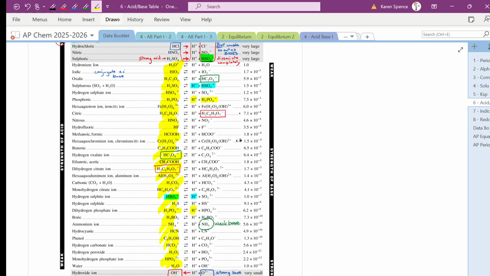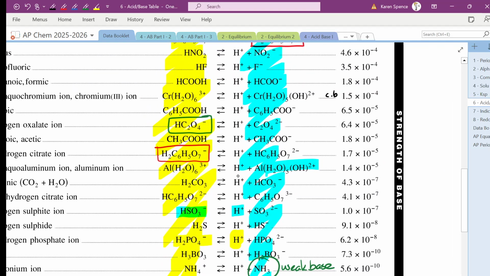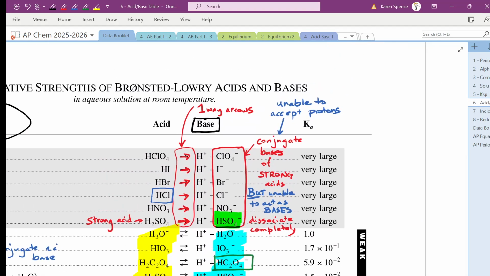Everything from here all the way down to here are your weak bases. Those are all weak. And then you got your 2 strong bases at the bottom on the right-hand side, and you have your 6 strong acids on the top on the left-hand side.